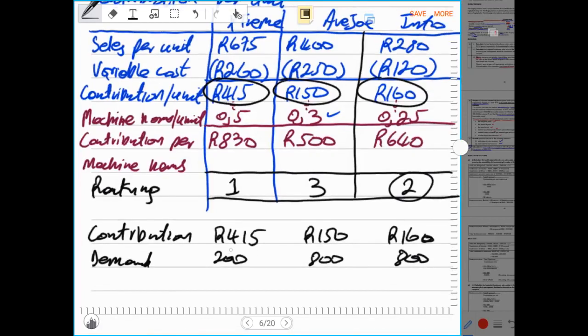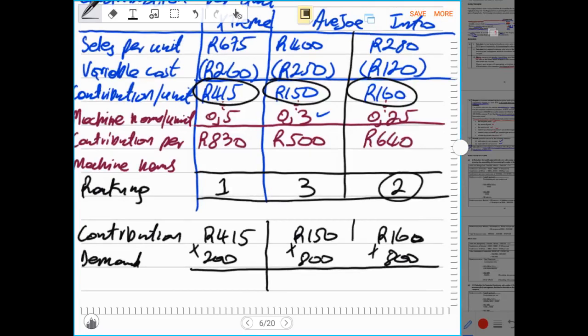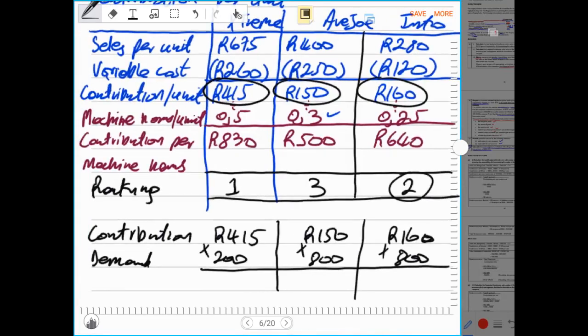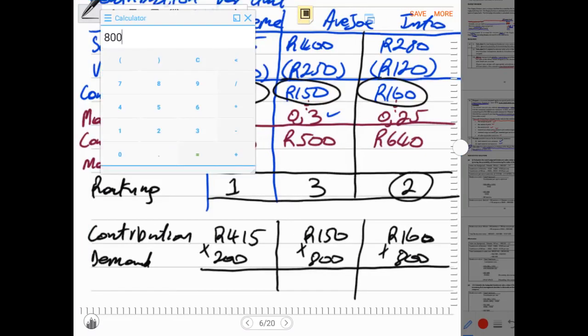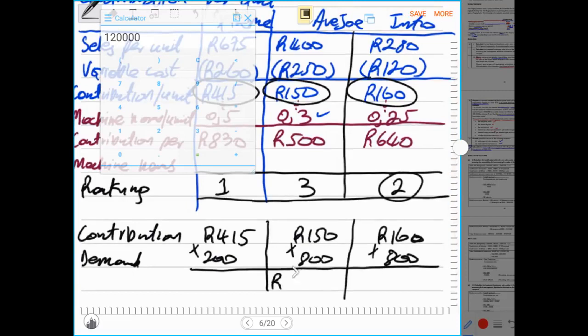So if we multiply these two, this will give us the contribution that will maximize the profit. The contribution that will maximize the profit will be 800 times 150, meaning 120,000 for this one.